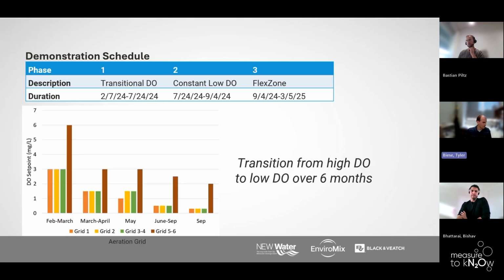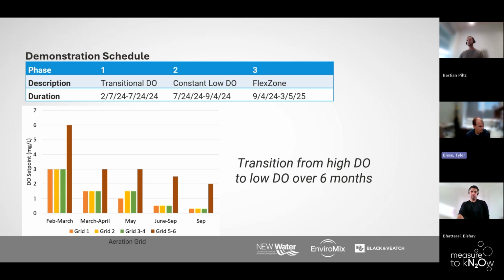On the bottom left, this just shows a graph of the DO set points for the 4 grids, essentially. The first 3 grids, which is grid 1, grid 2, and I guess grids 3 and 4, were the same, starting at 3, which is the same set point as the control basin. And then they were gradually ramped down from 1.5, and we got all the way down to 0.3 as our lowest DO set point in September 2024.